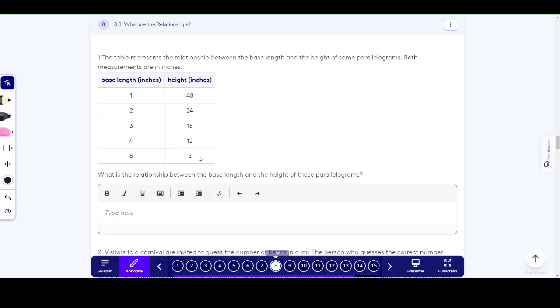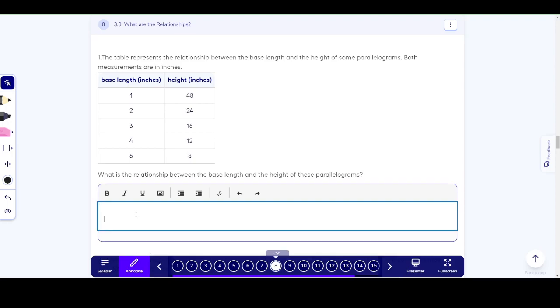So, one of the things is we can say that as the height increases by 1. Oops, not height. Just kidding.